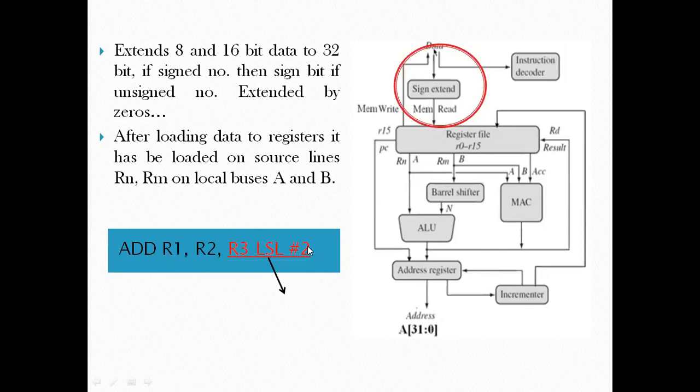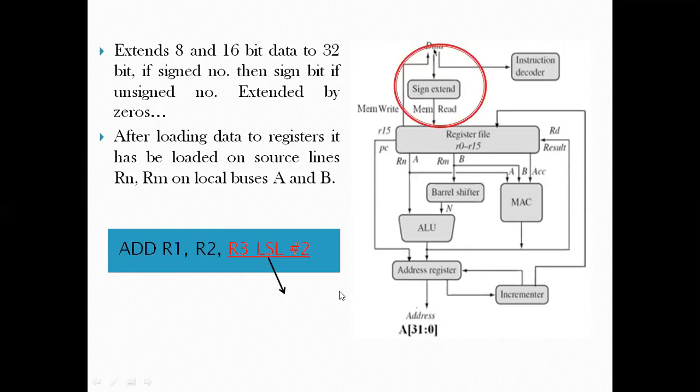The data in R3 is going to be shifted by two places and then given to the ALU for addition. So A and B are the local buses used for shifting the data from the register file to the ALU, which is responsible for the subtraction, addition and logical operations.